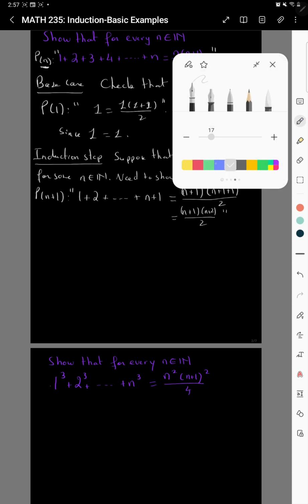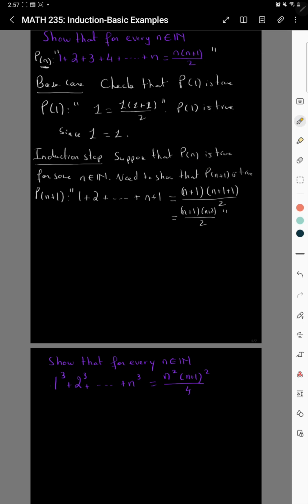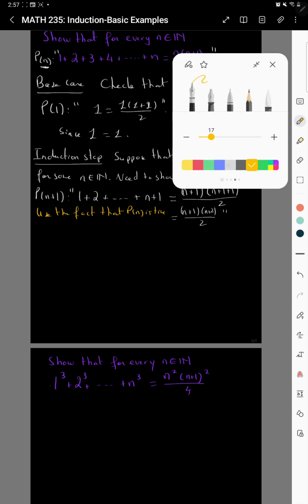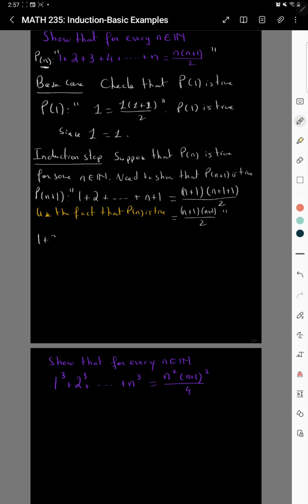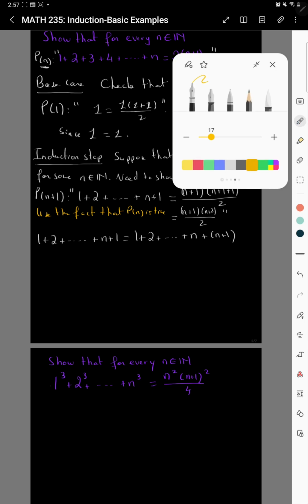The goal is always to use the fact that P(n) is true. Let me write this. The left-hand side is equal to the sum of the integers to n, plus n plus 1.